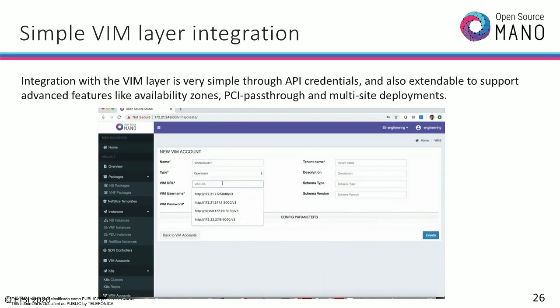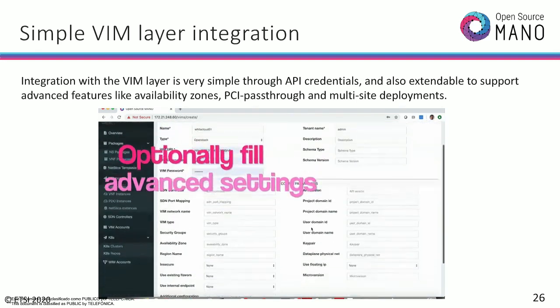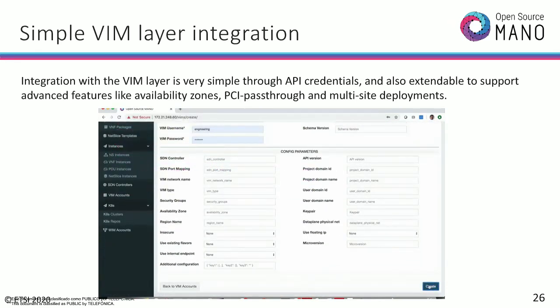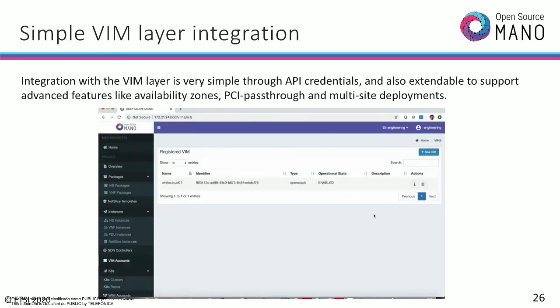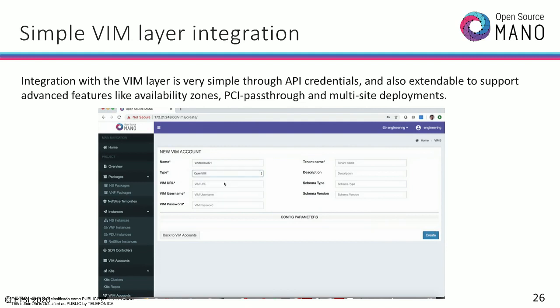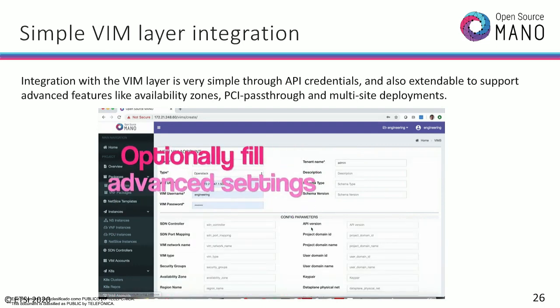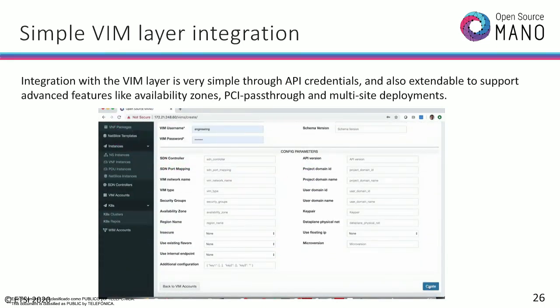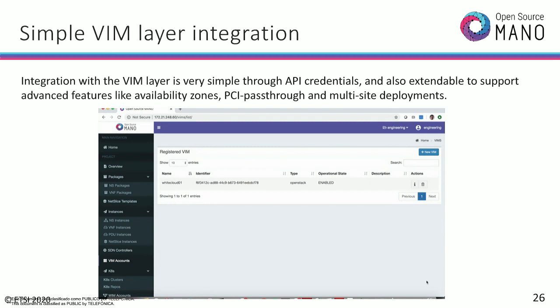We support today different kinds of VIMs: OpenStack, VMware, even Amazon Web Services, Azure, and other clouds. With just giving the API credentials, you already have a connection to the VIM, and OSM can orchestrate the resources over there.